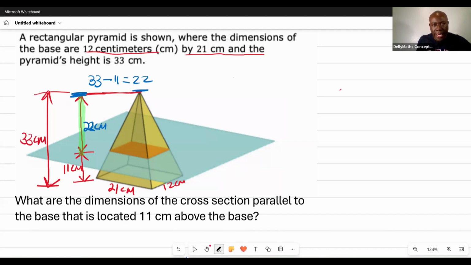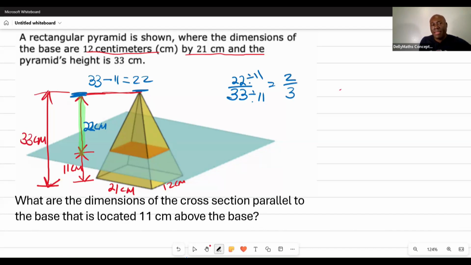Let us say we put 22, which is the height of the smaller pyramid, as a ratio of the height of the bigger one. If I divide this by 11 and divide this by 11, I am getting 2/3.